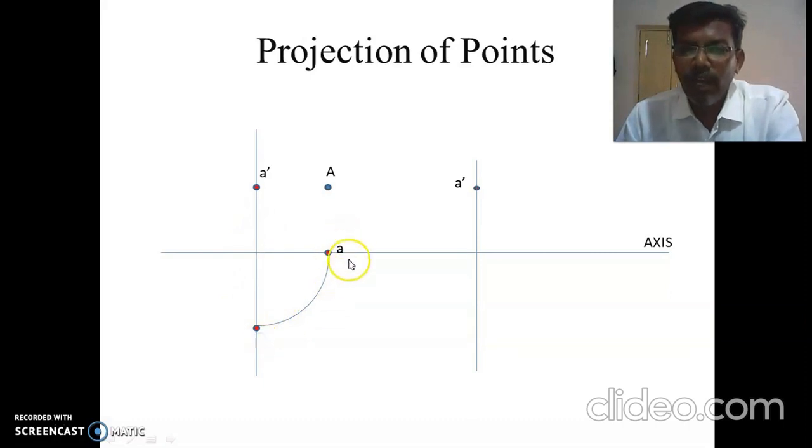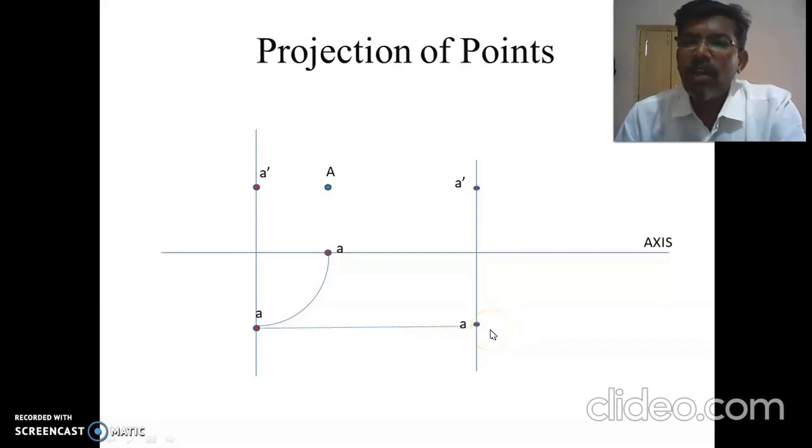Now name this one as a. Just draw an imaginary line here, put a point here and name it as a. So this is the front view and this is the top view.